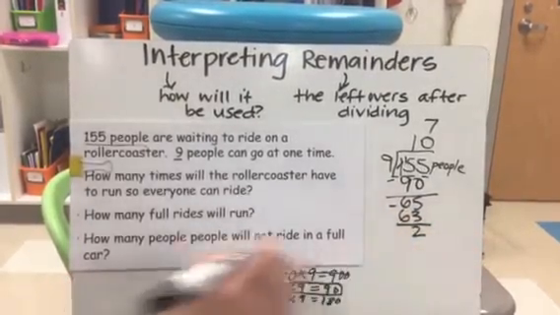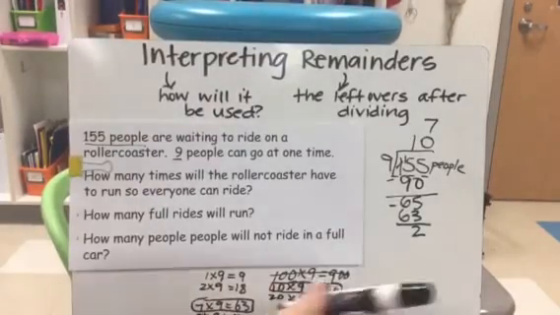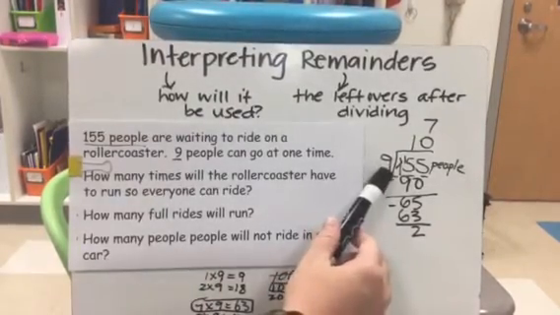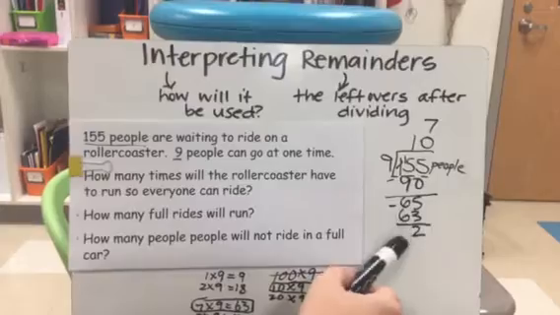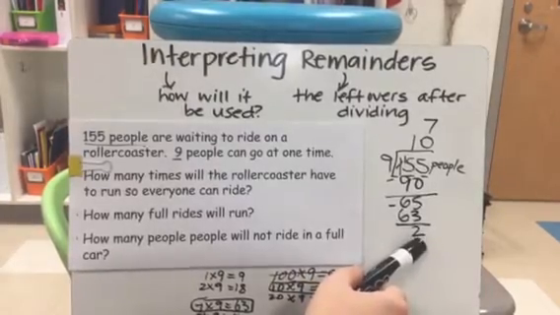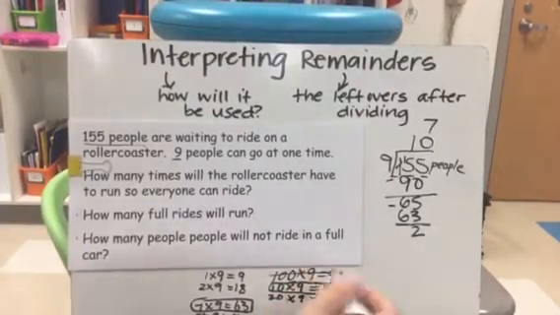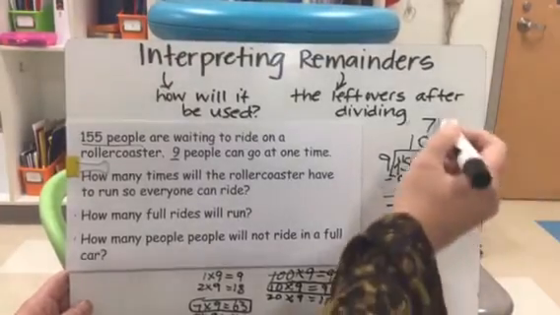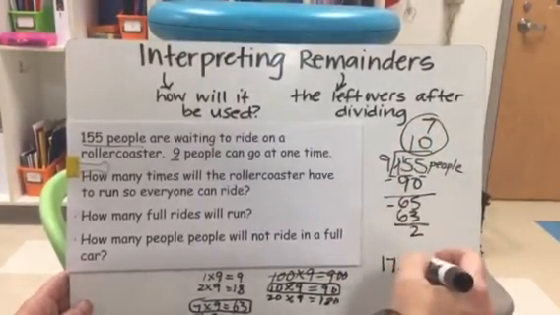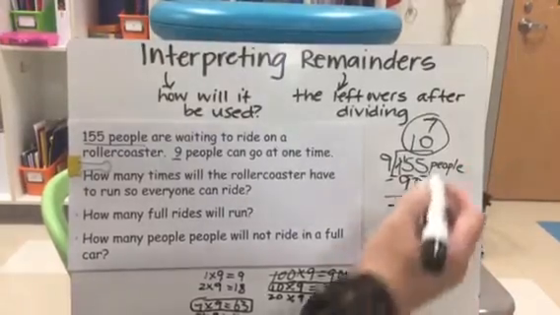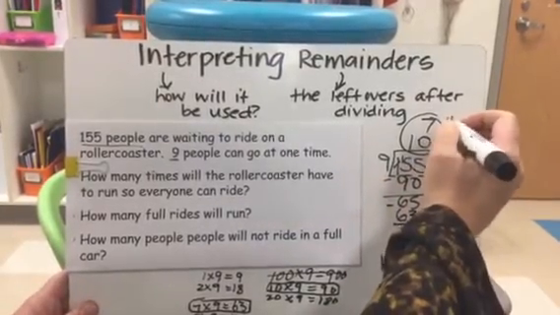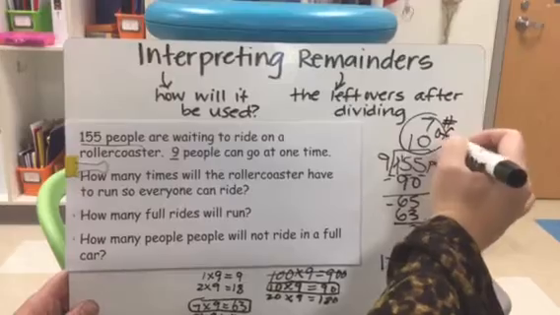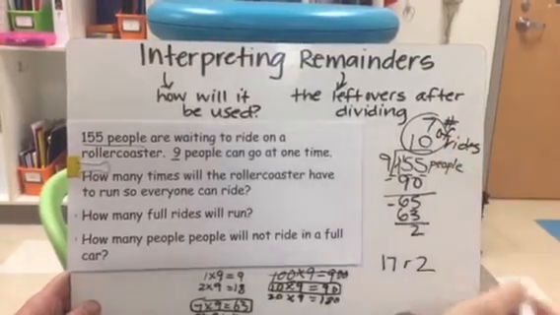And now there are 2 people left in line. Okay, well, the carts are groups of 9, so these are my remainders here. These 2 people are my remainders. So now I know that I can stop with my division, and the answer is 17 with a remainder of 2. So the 17 is the number of rides that had to happen.